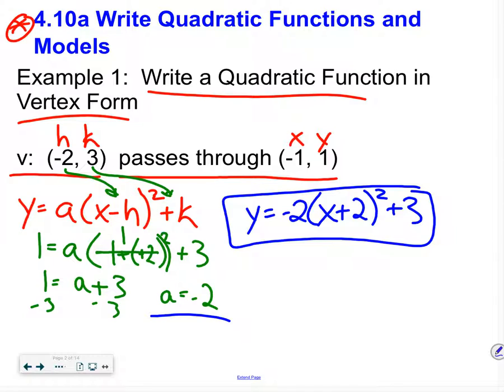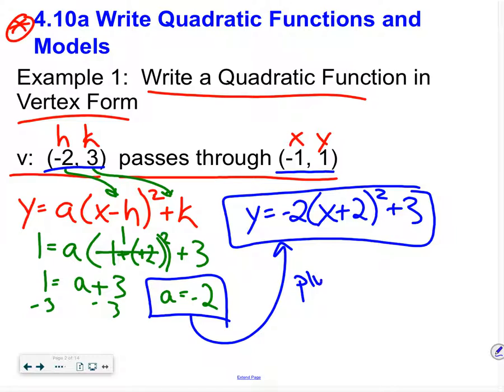So we got these 4 pieces of information here. Plug them in, solve for a, then plug your vertex and a back into the equation.